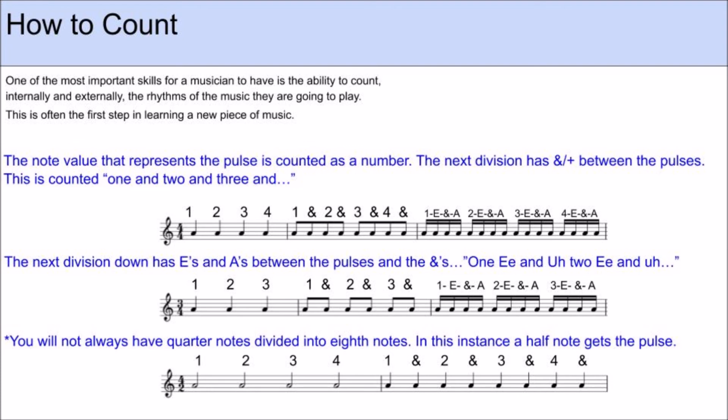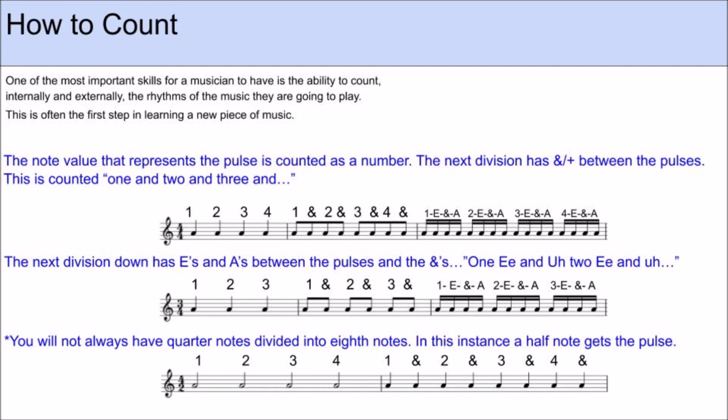It's important to note that the quarter note will not always be the pulse. Here I have an example that is in 4/2. Because 2 is the bottom number in the time signature, I know that a half note represents the pulse. And whatever represents the pulse, we use the numbers to count them.